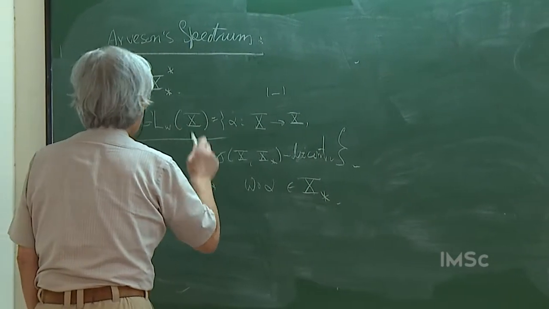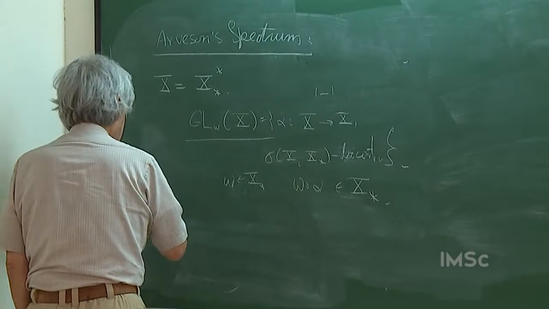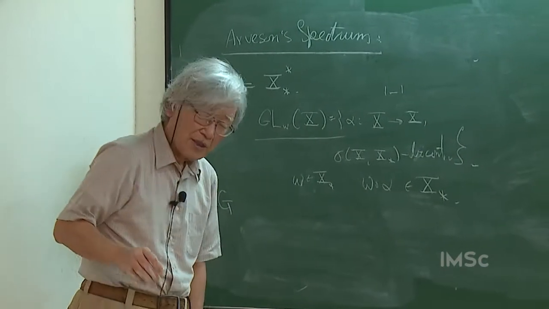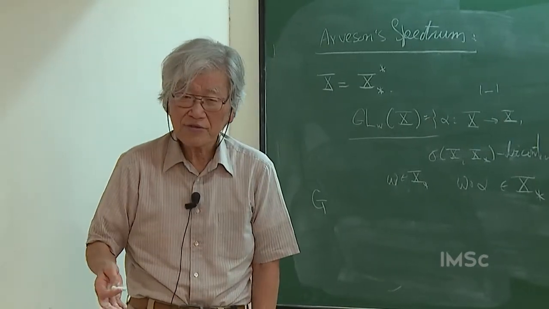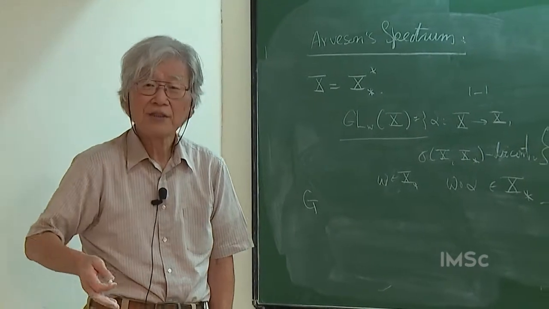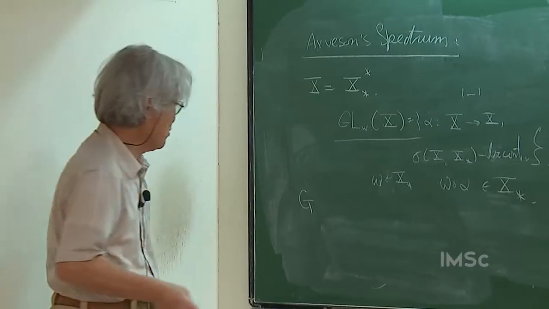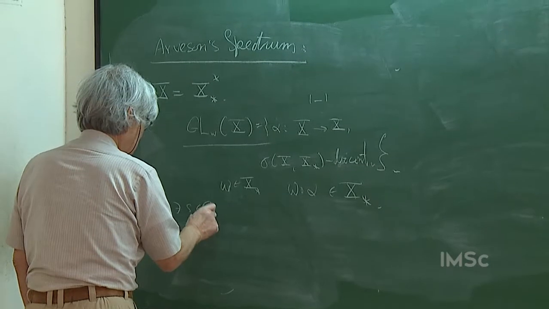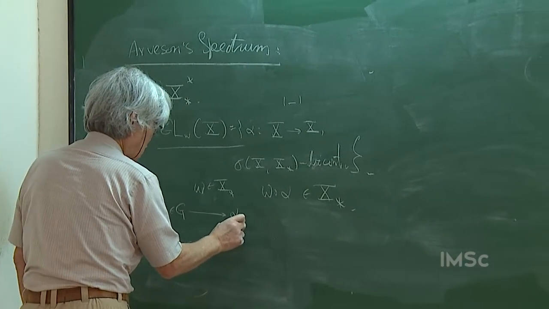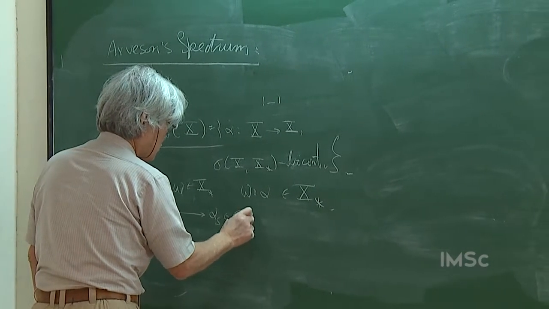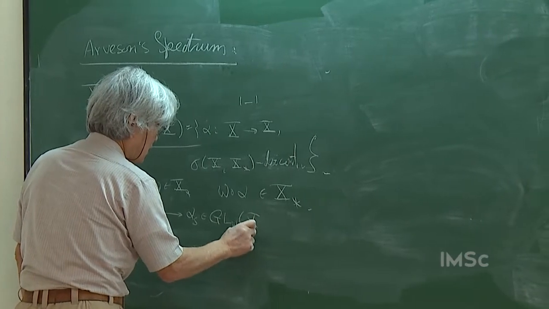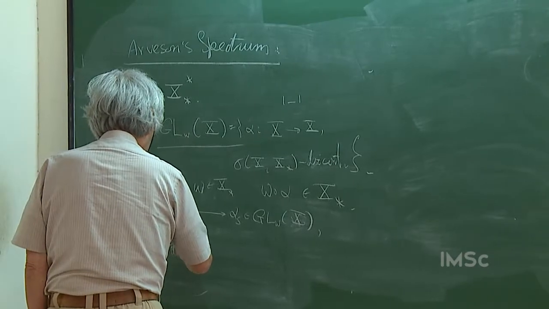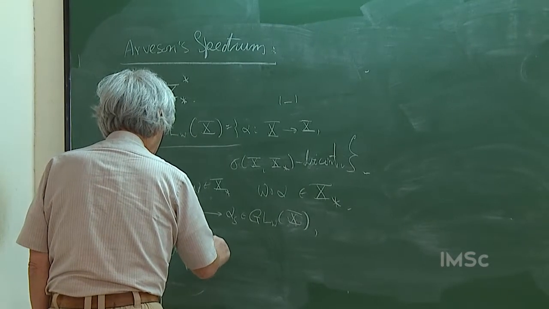And for the action of the group, we keep the group G locally compact abelian. As I told you, the real line is our actual object. So s in G goes to alpha_s in GL_w(X), and the supremum of the norm of alpha_s is bounded.